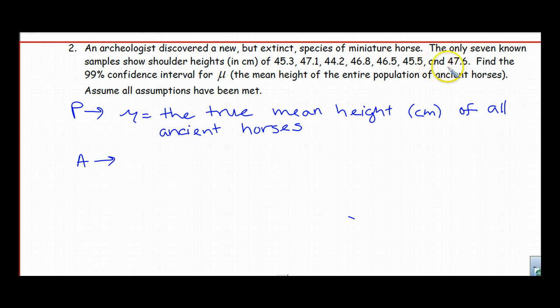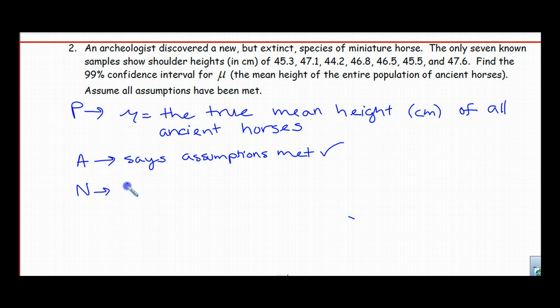There's only seven data points. It's definitely less than 30, and it doesn't say random because it said these are the only ones, but it does say to assume all assumptions have been met. So even though it's not following the rules there, it does say all assumptions have been met. So we're just going to write that down. Says assumptions met. And you just need to write that down and check that off if I say that.